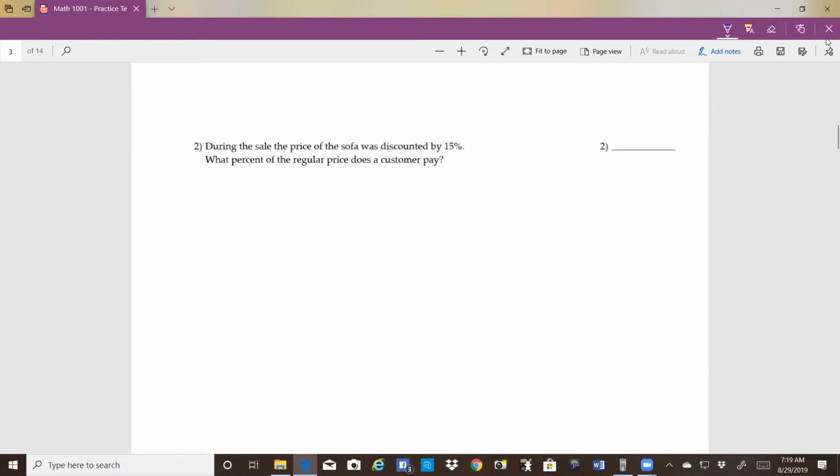Now you have a sale for a sofa, which was discounted by 15%. What percent of the regular price does a customer pay? So it's decreased by 15%.